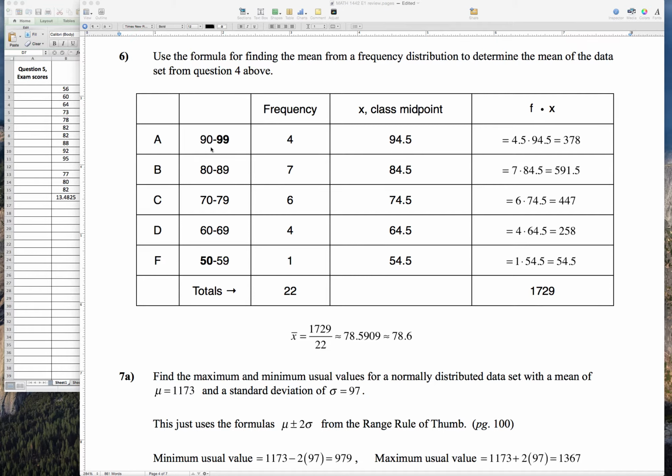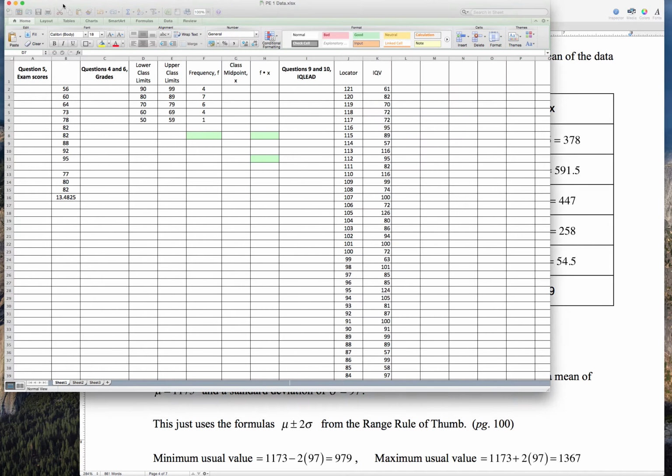So we have our classes and frequencies listed here, and you can see the calculations here on the document. But this is one question I think you really probably want to use Excel for, and so I included this distribution in a table form in that Excel document.